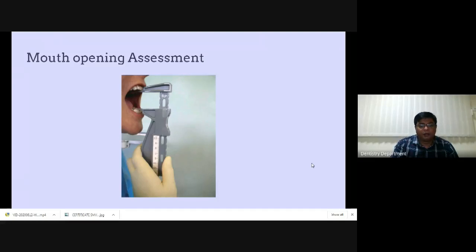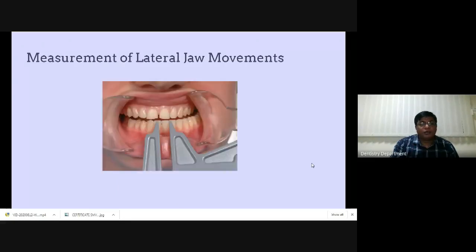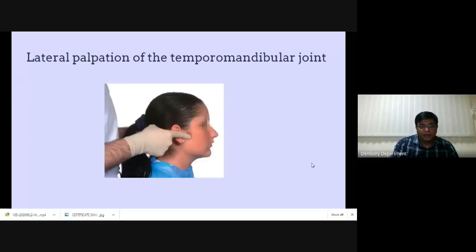Sometimes there will be a click while opening the mouth. Many times there will be restricted mouth opening. So mouth opening assessment has to be done as the first kind of examination. You have to measure the lateral jaw movements also, whenever they open, if they go to one side and come back, etc. Then lateral palpation of the temporomandibular joint.